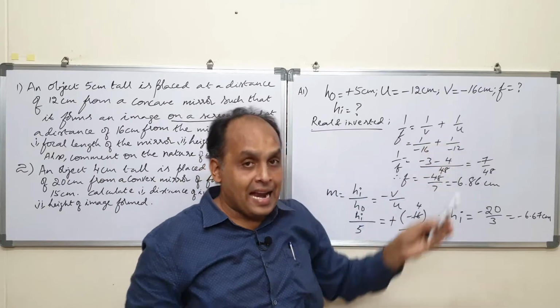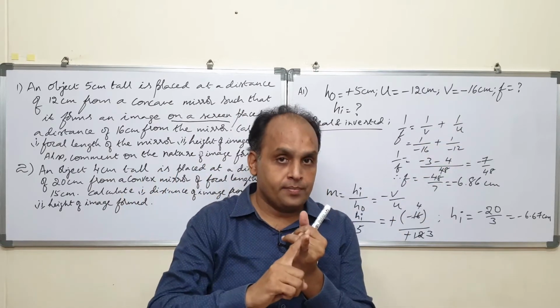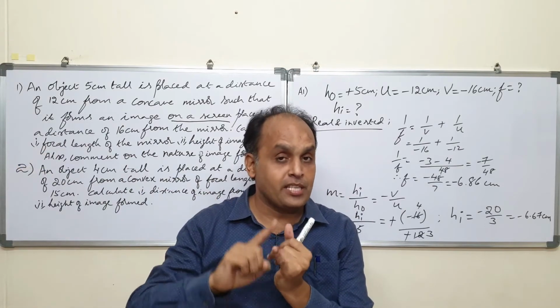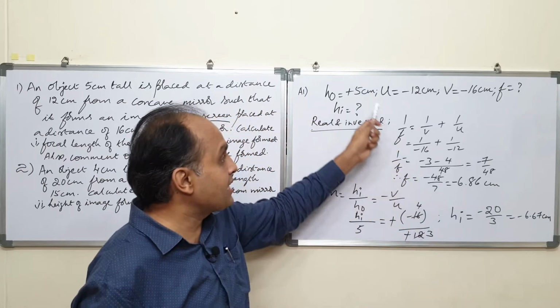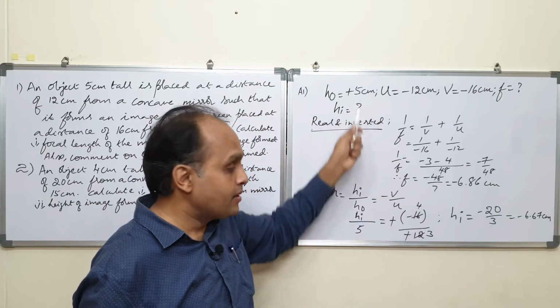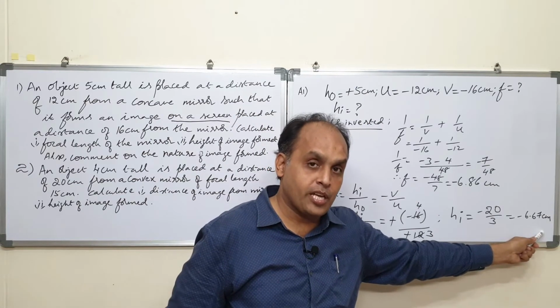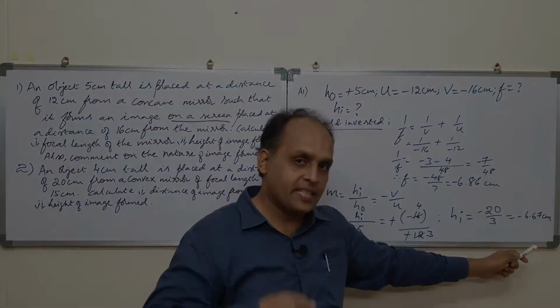And the image is enlarged. If it is formed beyond C, the image is enlarged. Means it should be greater in height than the object. Object height is 5 centimeters and image height is 6.67 centimeters. So, the image is enlarged and we are perfect.